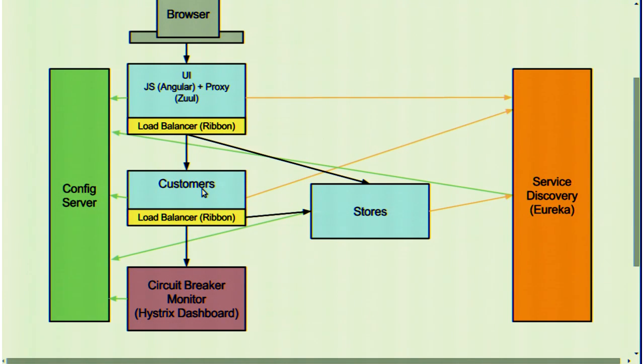If there's a failure and it passes the rate threshold for failures, 20 failures in 5 seconds, I think it is, the circuit will break, and customers will then no longer even try to contact stores. The circuit is broken. It's in a different state than if it's closed. And that stops downstream systems from being flooded with useless requests. And that's a really, really useful tool.